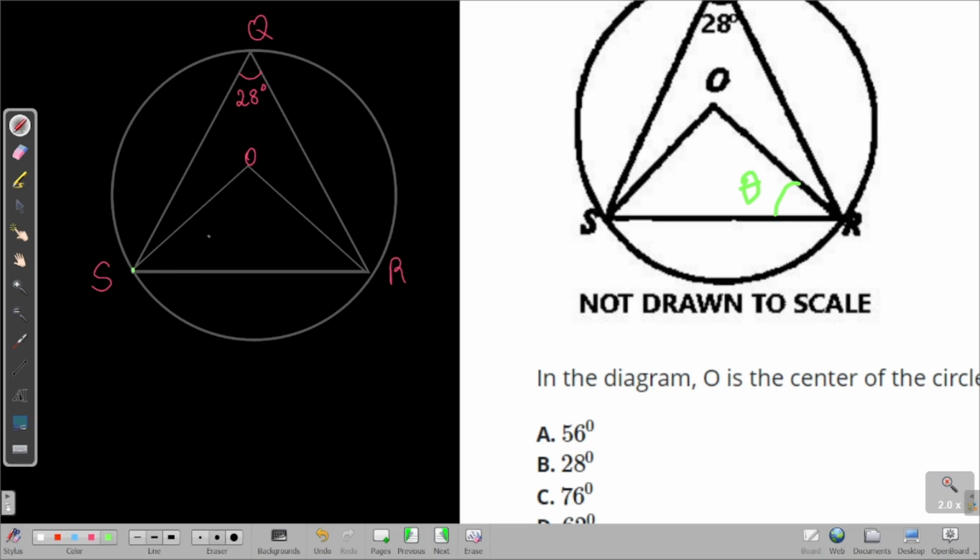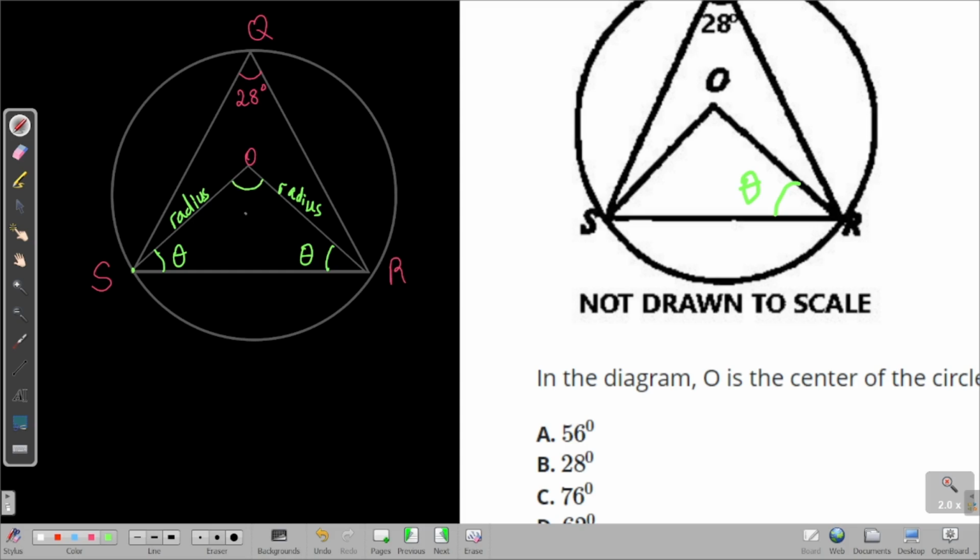So from O to S, that is a radius, and from O to R is also a radius of the circle. So this inner triangle is an isosceles triangle. The angle here will be equal to the angle here, because the base angles of an isosceles triangle are equal.